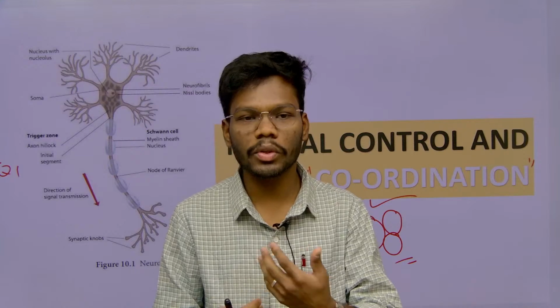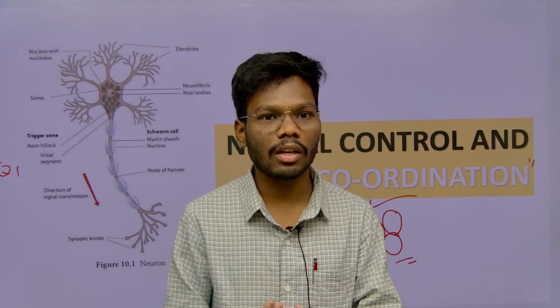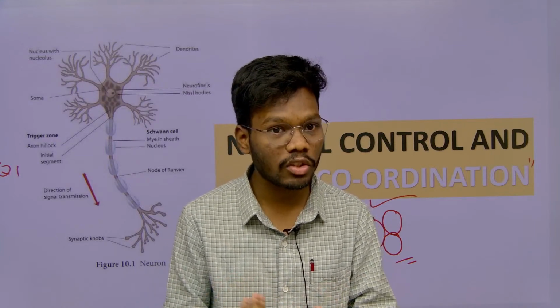For example, when I was teaching, my nervous system is working, my muscular system is working, my sensory organs are working, all different parts are working, right? So for communicating, for teaching, various systems and tissues are coordinating simultaneously.